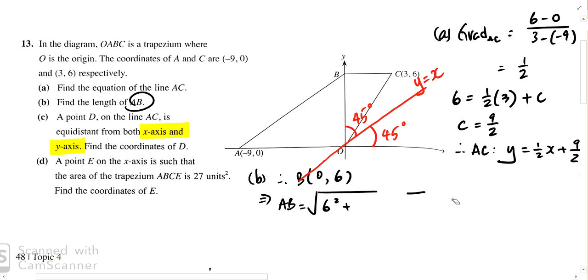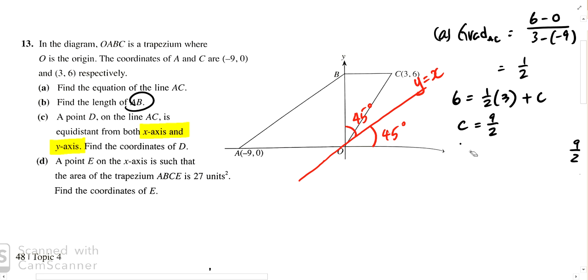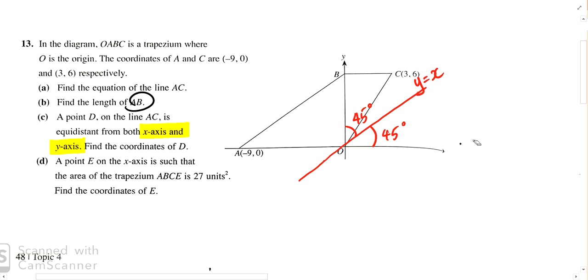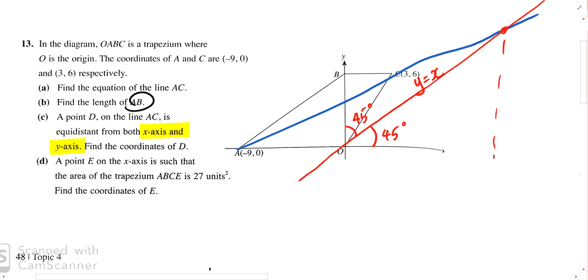So we are now trying to solve a pair of simultaneous equations such that this red line, y equals x, will intersect our line AC. Okay, so if we extend the line long enough, they will eventually intersect somewhere here. Okay, and we require the y value.